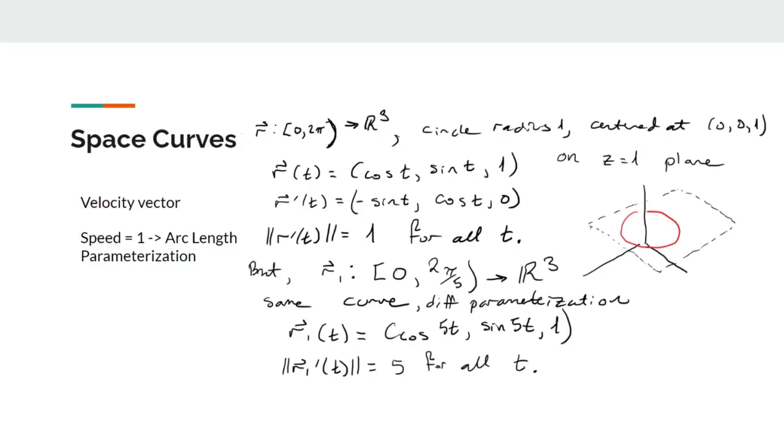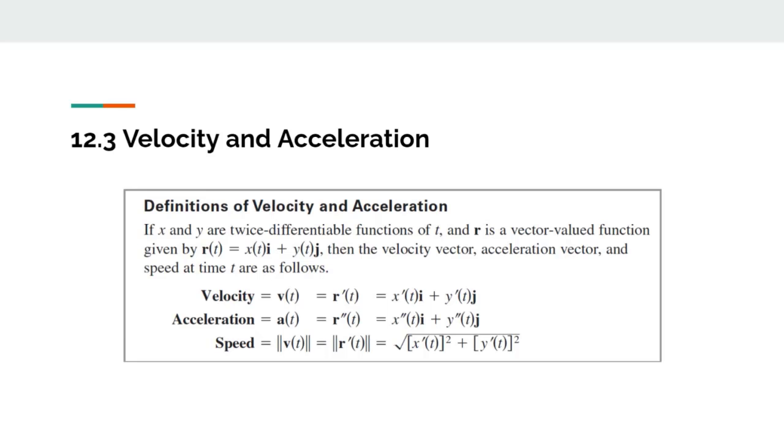So, just an example. Alternatively, we could have made r sub 1 go from 0 to 2 pi, the whole interval that r is on, in which case it would travel around 5 times in the same amount of time r travels around once. So it's just going a lot faster.